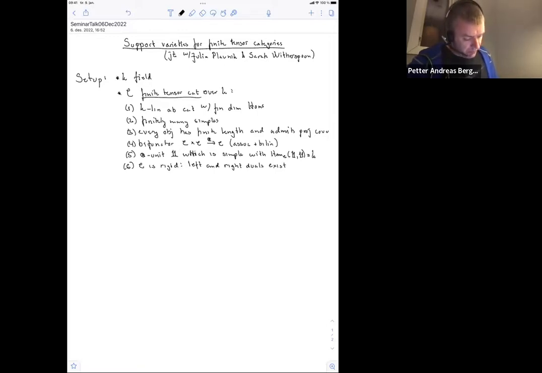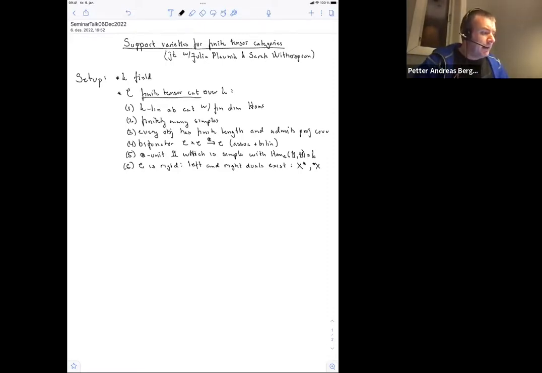So if you take an object X, the left dual would be denoted by, say, X star like this, and the right dual by X star on the opposite side. And those are different in general. I won't go through the definition of duals, but the existence of duals, that's important.